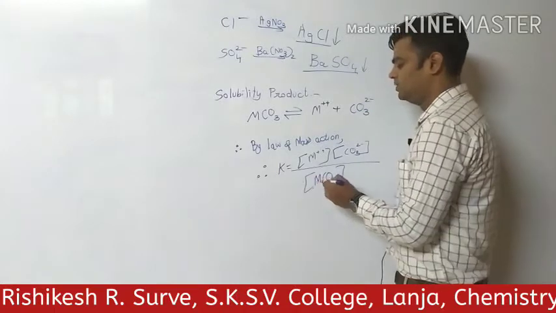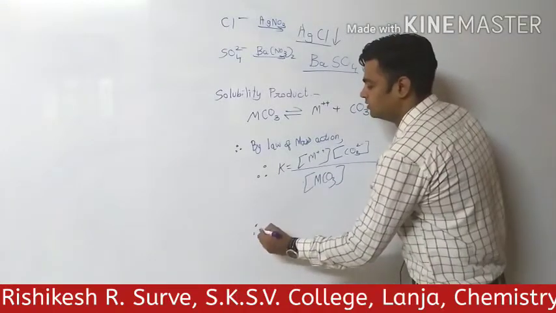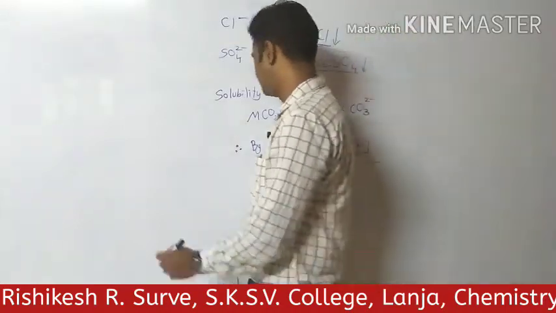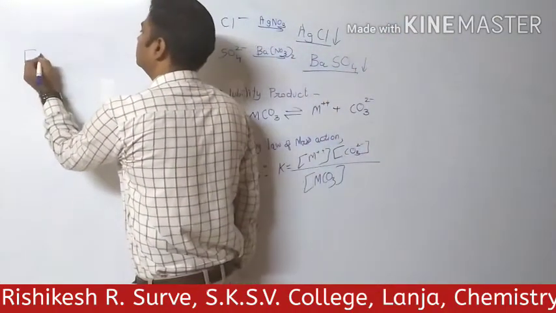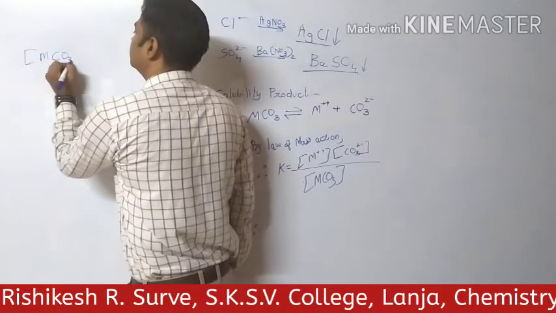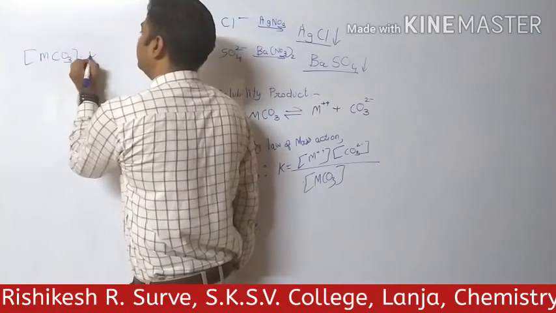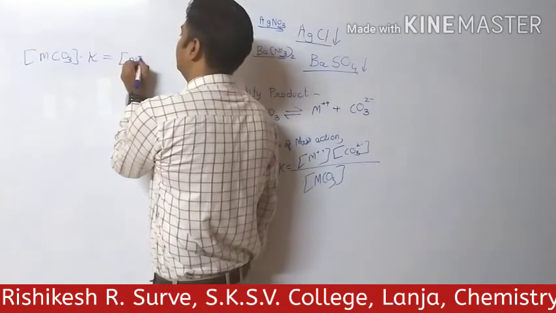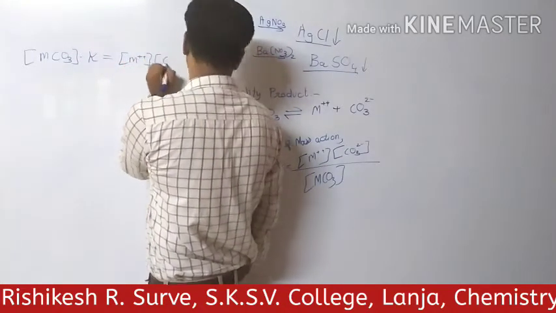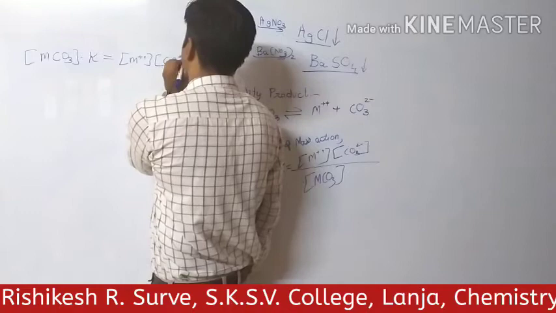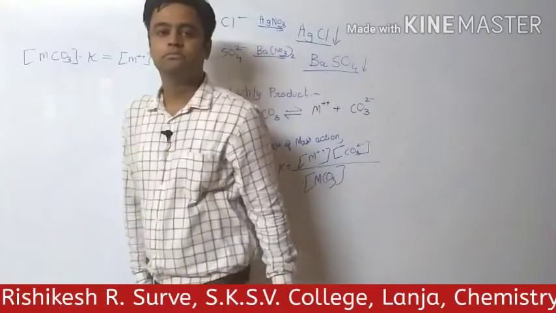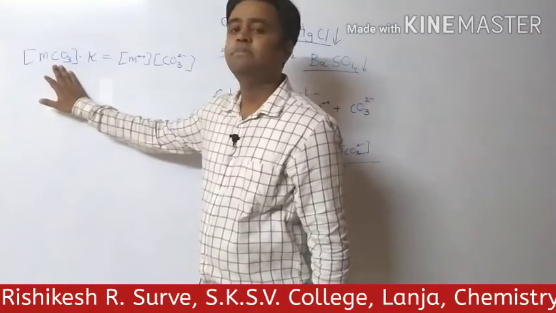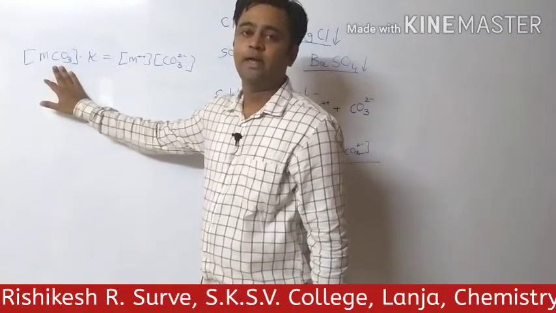On taking the denominator term to the left hand side, we get MCO3 into K is equal to the concentration of M2+ into the concentration of carbonate ion. As we know, MCO3 is a sparingly soluble salt.